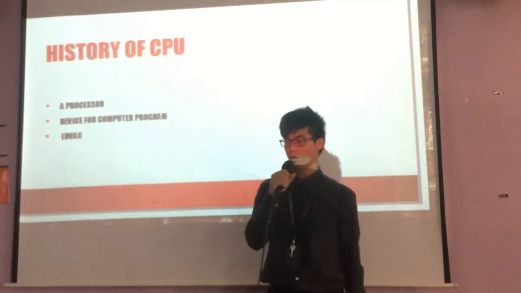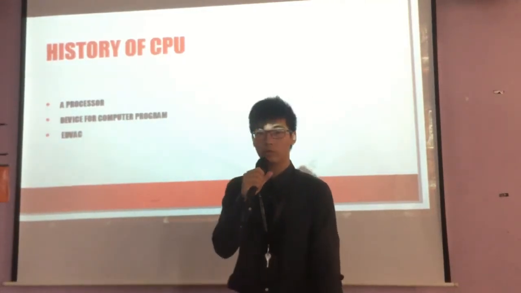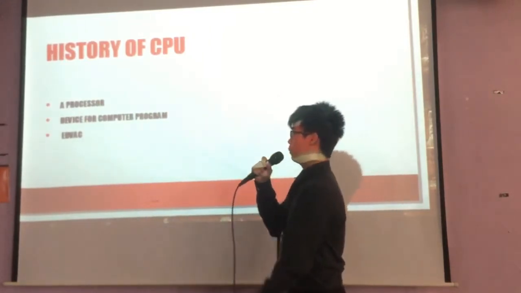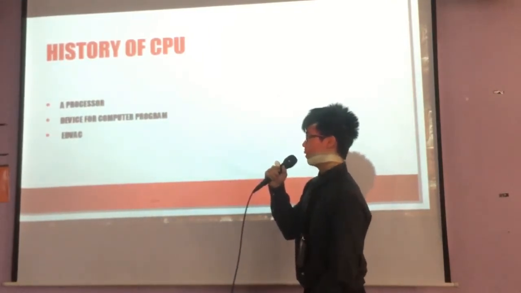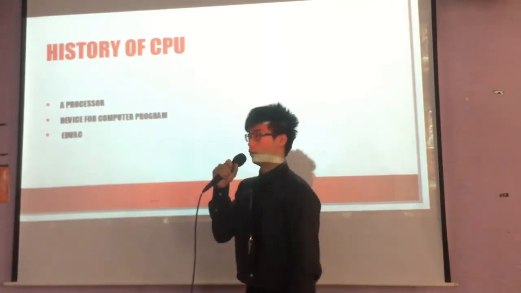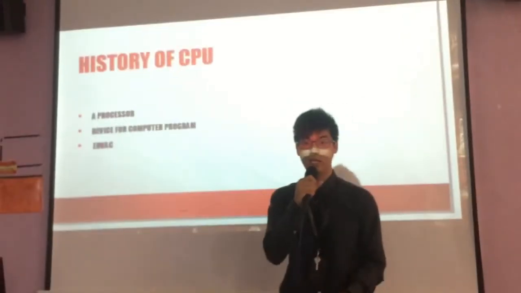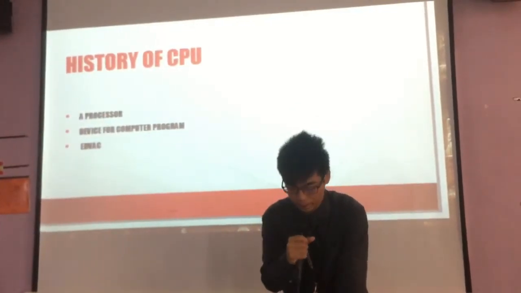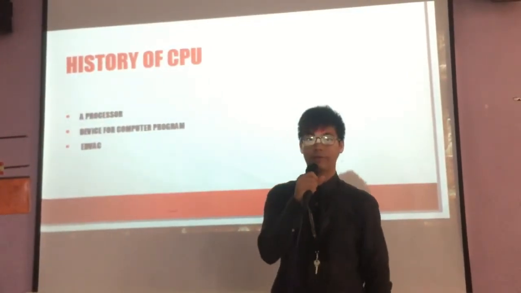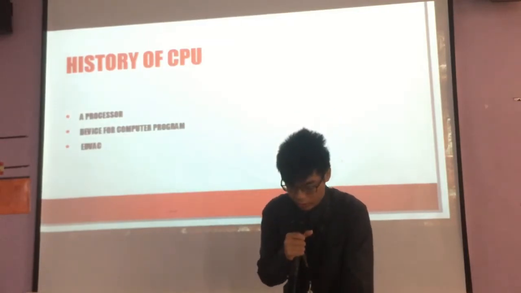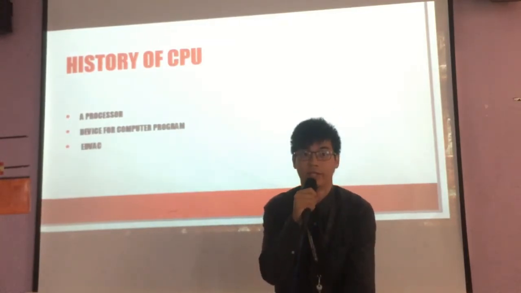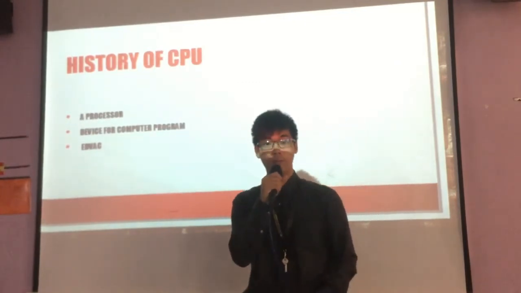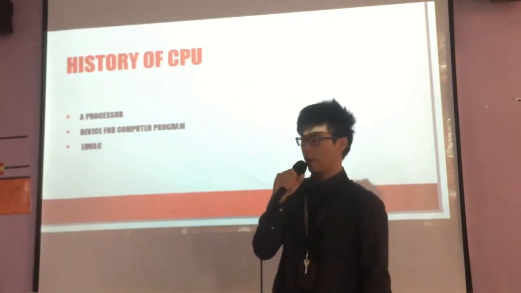Hi everyone. I'm going to talk about the history of the CPU. Here, a processor is a device for computer programs, and the EDVAC. I'm going to talk about the CPU meaning. The CPU is the electronic circuitry within a computer that carries out the instructions that control an input, then carries out the output.